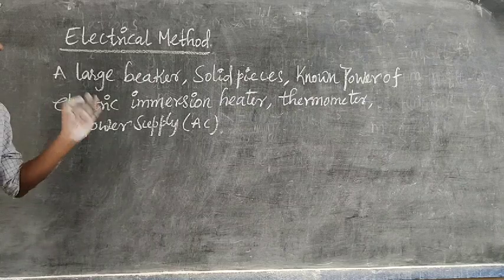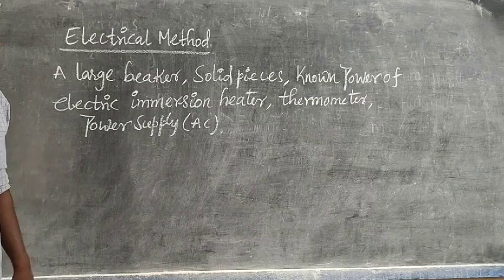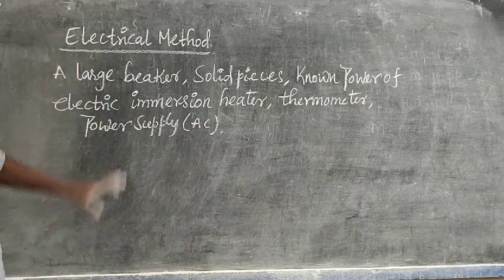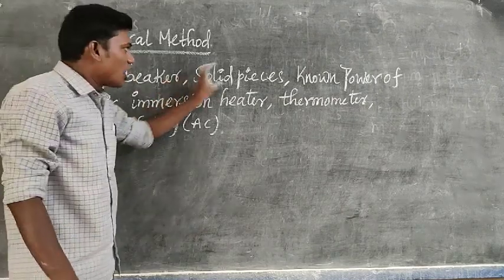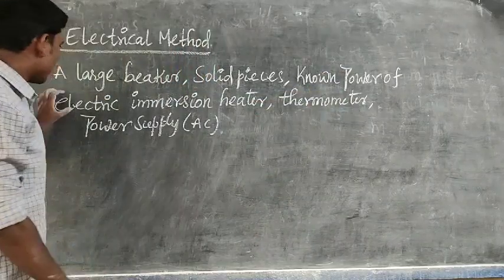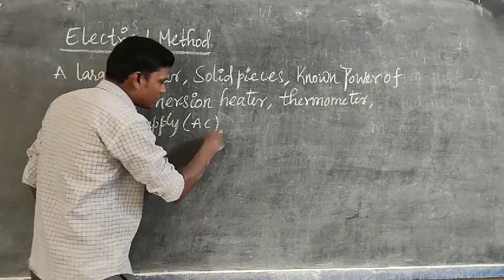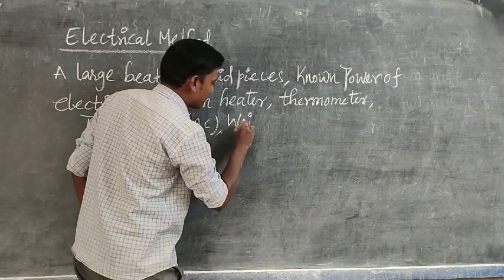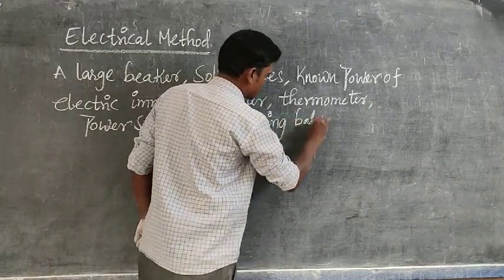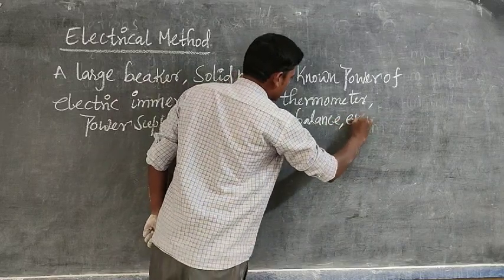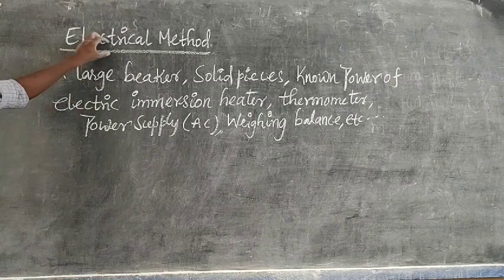So the materials required to find the specific heat of a solid by the electrical method are: a large beaker, solid pieces, a known power electric immersion heater, a thermometer, a power supply, and along with this, a weighing balance is necessary. So these are the materials or apparatus required in this method.